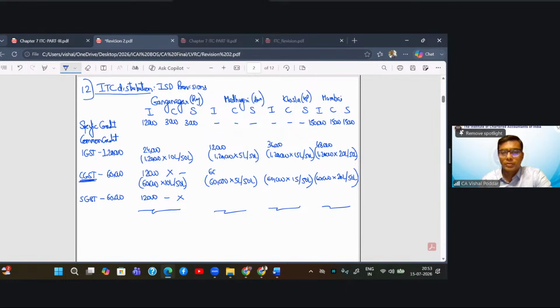So here 6,000 will be given as IGST credit only. Even though it is CGST, it cannot be given as CGST. Even though it is SGST, it cannot be given as SGST. It has to be given as IGST only. But here, whatever is my credit will be given in the same head. So it is CGST credit, it will be given as CGST.